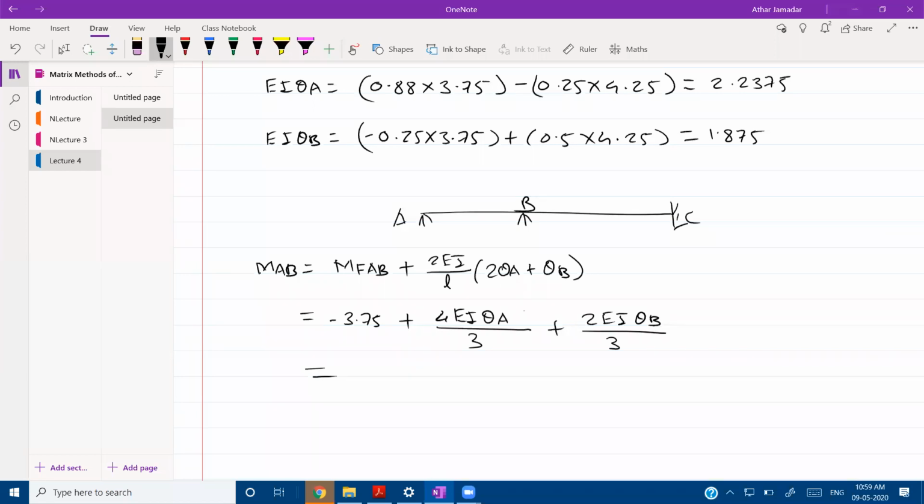let us calculate this value. So this value is 0.4.